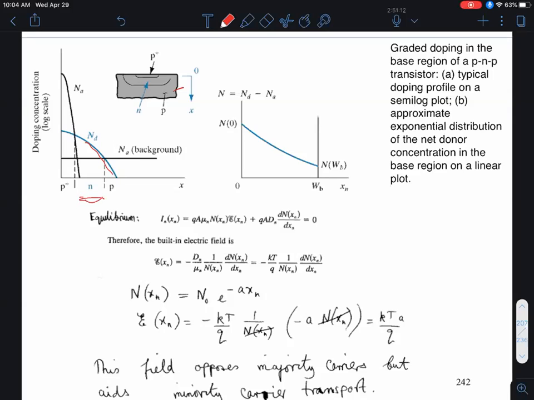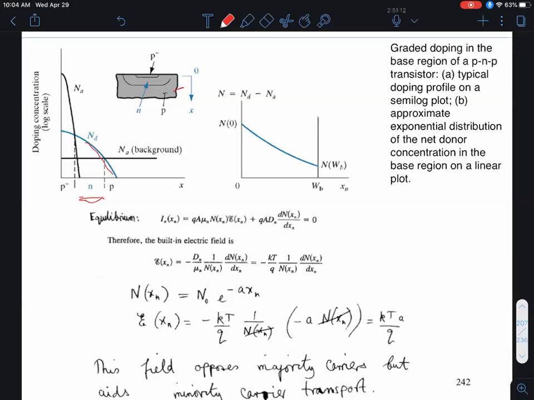Now you notice that if you make the diode this way, the base doping is not uniform, right, as a function of depth over here, or as a function of position between the emitter and the collector. In fact, the base doping decreases from the emitter junction towards the collector junction, right?